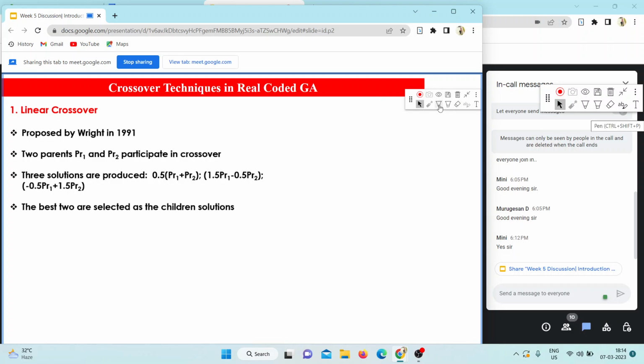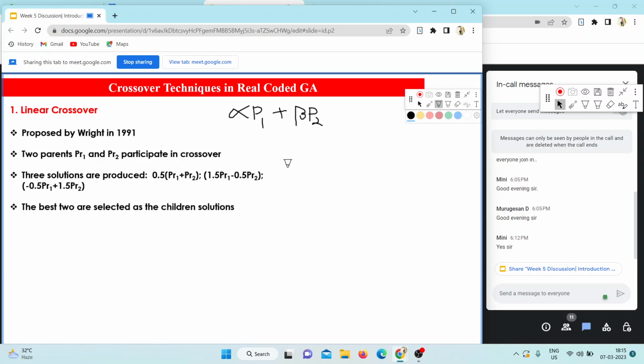In this real coded GA, any crossover is done by alpha parent 1 plus beta parent 2.